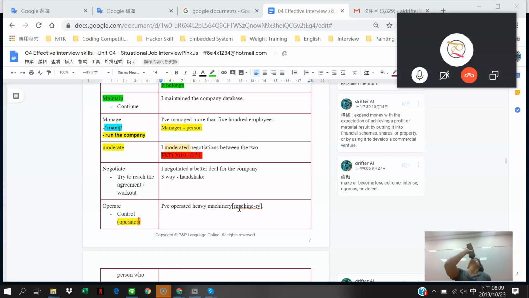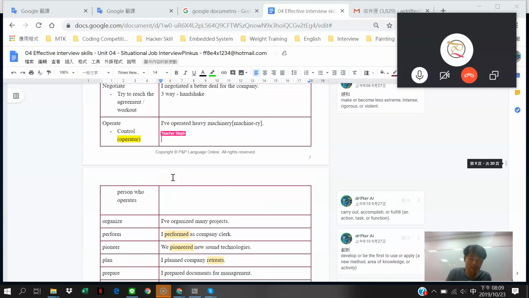So I want you to create a sample sentence that would use the verb operate this time. I operated my computer to finish my task.